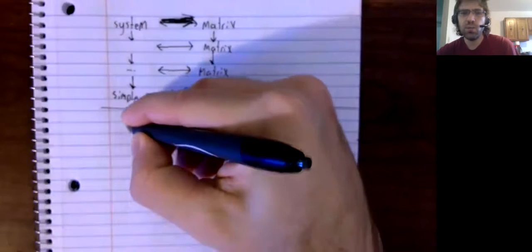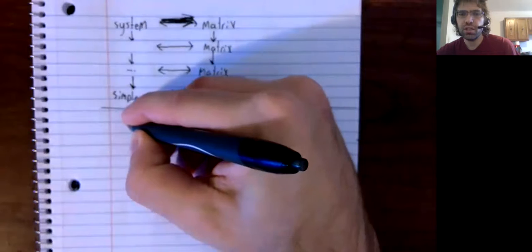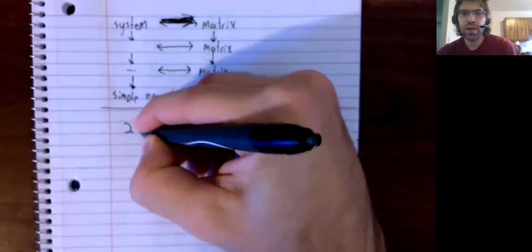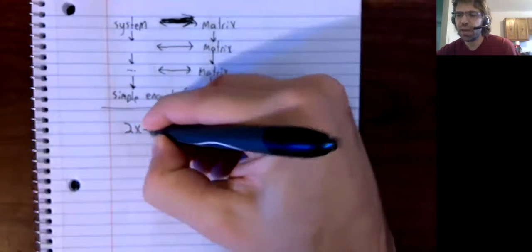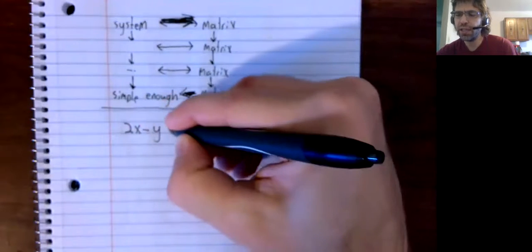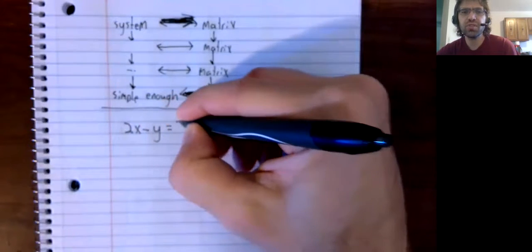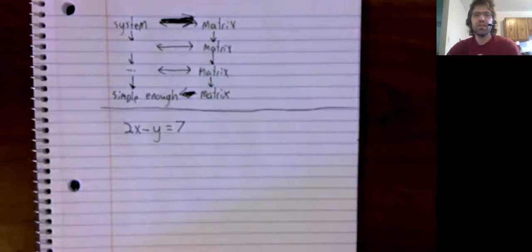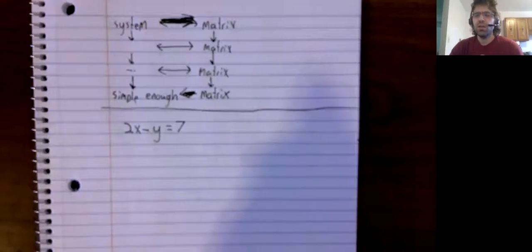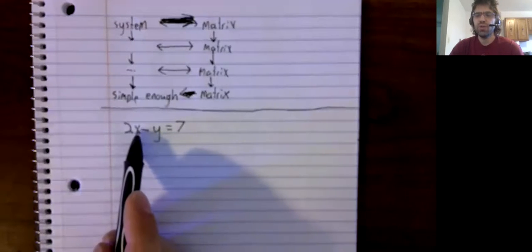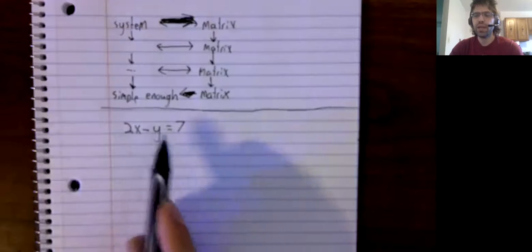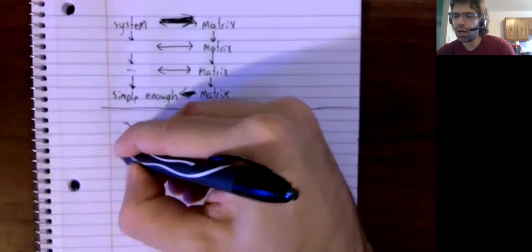Consider an equation. 2x minus y equals 7. It might not seem too complicated, but it involves two variables, x and y.